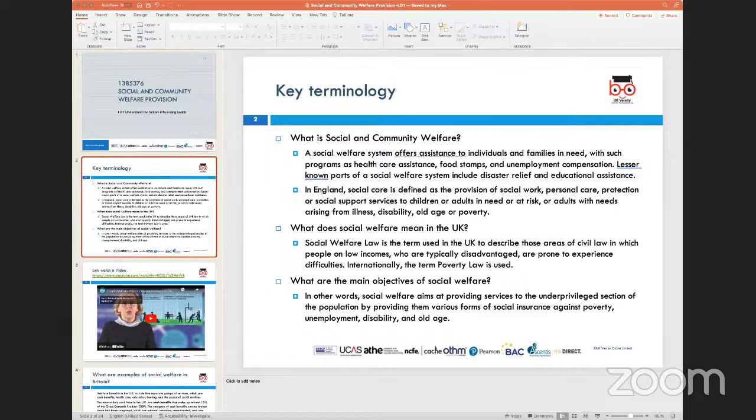And in the context of the UK, this is a very important part because it helps in shaping the public policy that ensures that anybody anywhere within the UK population gets and receives the support.